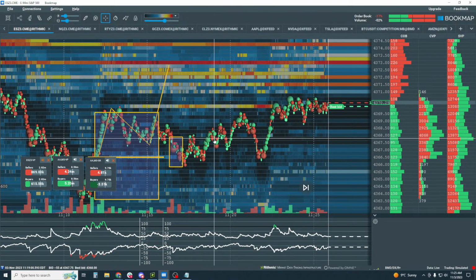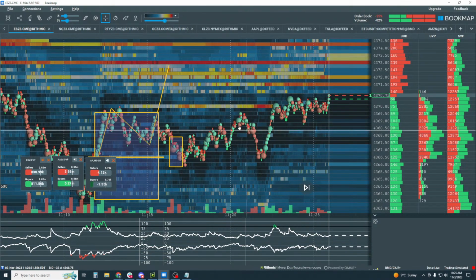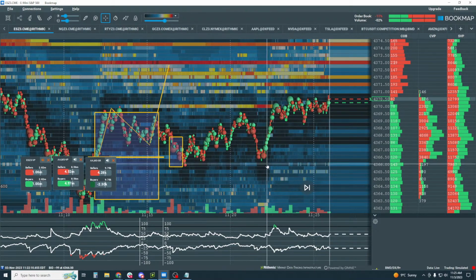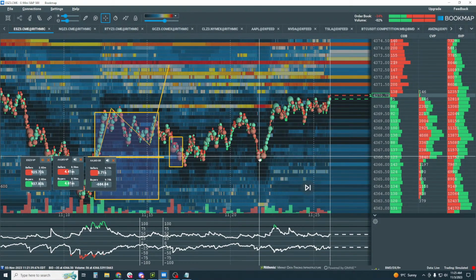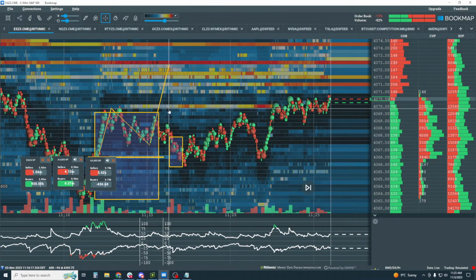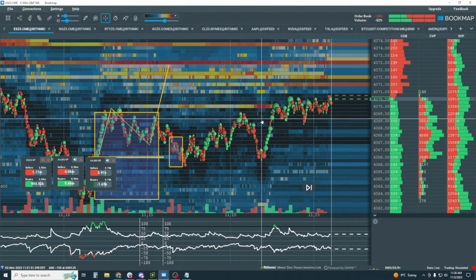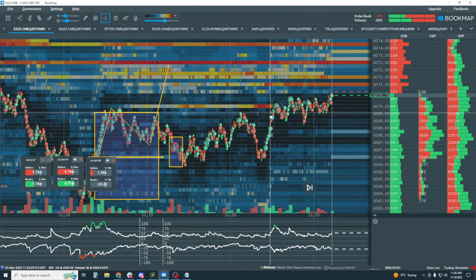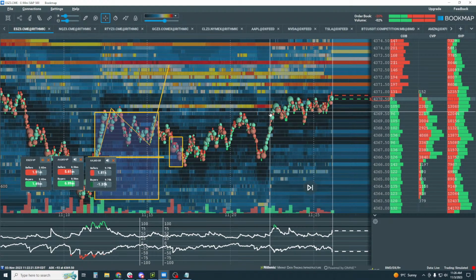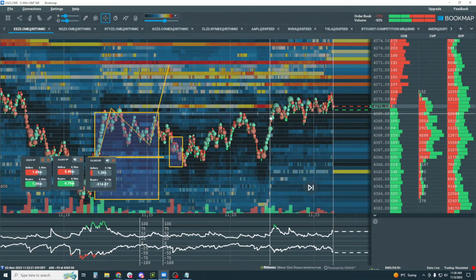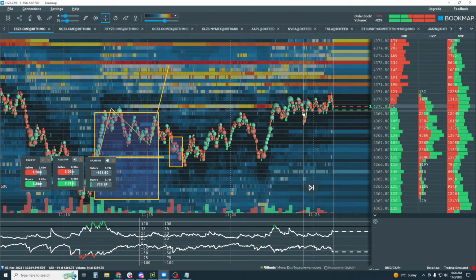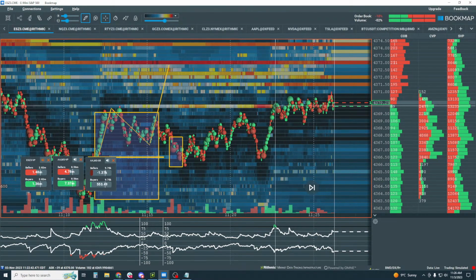And then we do see the buyers come back in again, and they try, and we keep getting pullbacks in here within this range, and then we see the buyers come in here. Now, do we have a consolidation period in here? Yeah, kind of, but this is a little bit different.